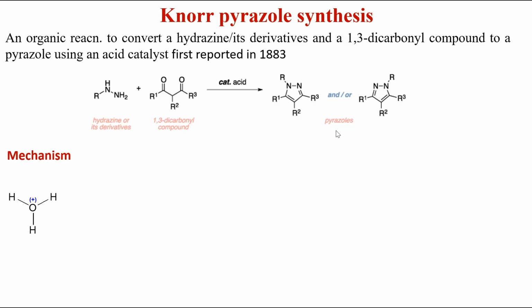First, the acid H3O+ reacts with the 1,3-dicarbonyl compound. The pi electrons in the carbonyl carbon move towards oxygen, and this combines with H+, and protonation of the oxygen takes place.